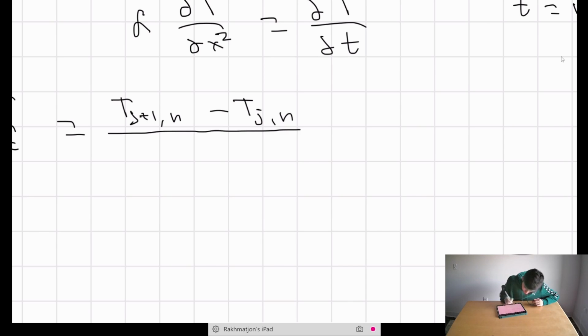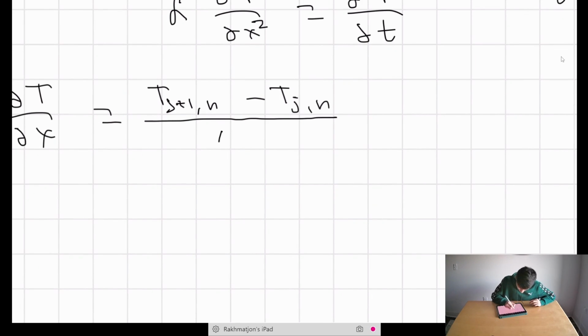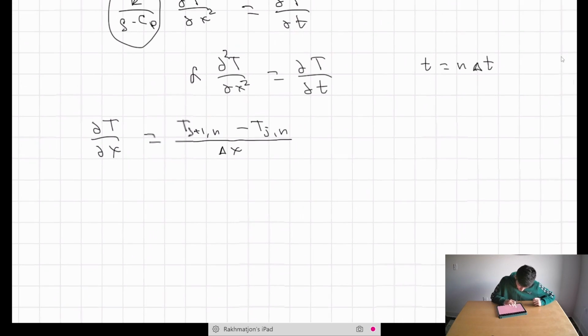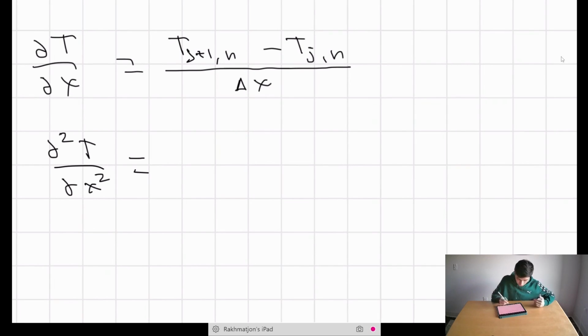And we're going to divide that by a small change in x. Okay? And so the second derivative is going to be, we're going to assume that the second derivative is equal to the change of two slopes, over delta x.